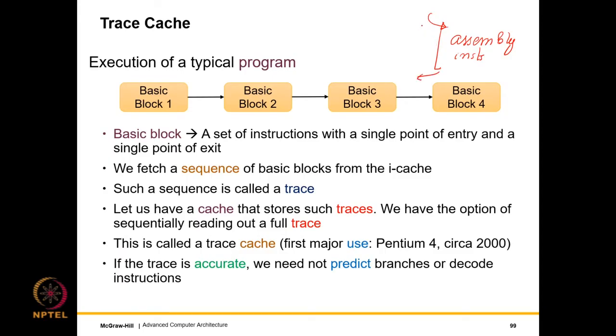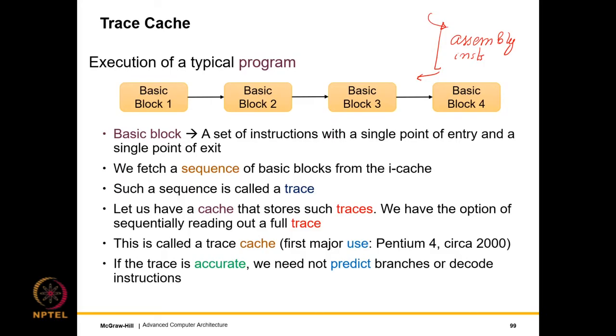There is no branch that points to the middle of a basic block, and no branch that jumps from the middle of a basic block. So you always enter the control from the beginning of the basic block, and you always leave at the end, so nothing happens in the middle.